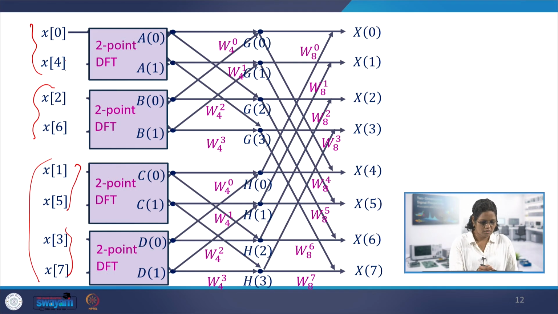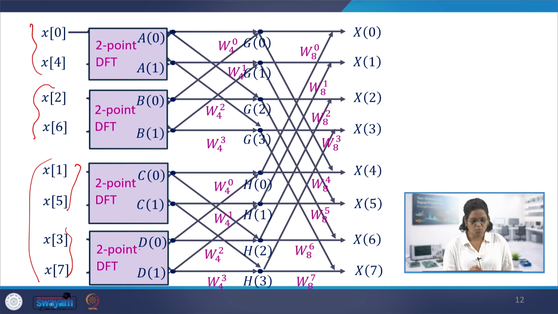So now we get this bit reversed order. You can see that bit reversed order, 0, 2 is 4 and so on. So this way you give these samples as bit reversed and get the samples as here x0 to x7. So in the DIT. So now compute this 2-point DFT of this A0 and A1 obtained, B0, B1, C0, C1, D0, D1.